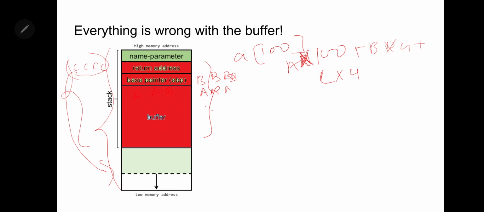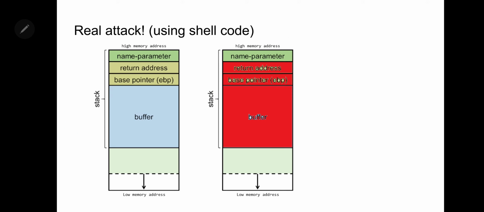The next thing is to actually create an exploit which can perform whatever you want. I'll explain that in the next slide. So this is the initial buffer, right? Once you have the malicious code, the buffer, base pointer, and return address are overwritten. What you can use is something called shellcode.